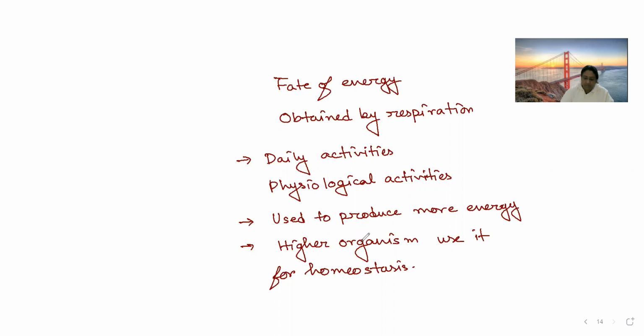In fact, of the energy we obtain by respiration, 70 to 80% of it is used to maintain the internal condition of our body. That's why grade 12 students know that many organisms do not regulate, they just conform because they cannot afford the regulation of internal condition. So if you have any doubt, feel free to ask me the questions, because after this I am going to start the process of respiration, and we will start with glycolysis.